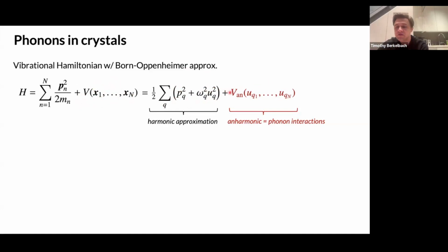And so the residual, the remainder of the potential energy surface, defines all of the anharmonicity. And you can think of those anharmonicities as being interactions between phonons. So for example, at lowest order, I could have 3 phonon scattering. I have some interaction vertex, which is like a third derivative of the potential, and then a product of 3 displacements for these phonons.